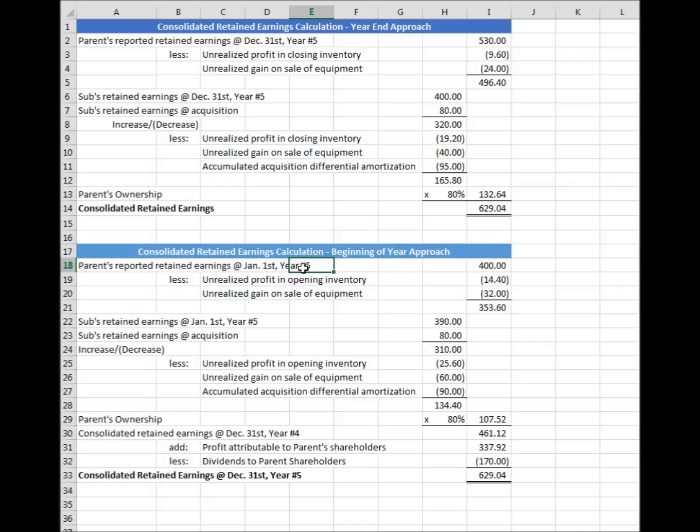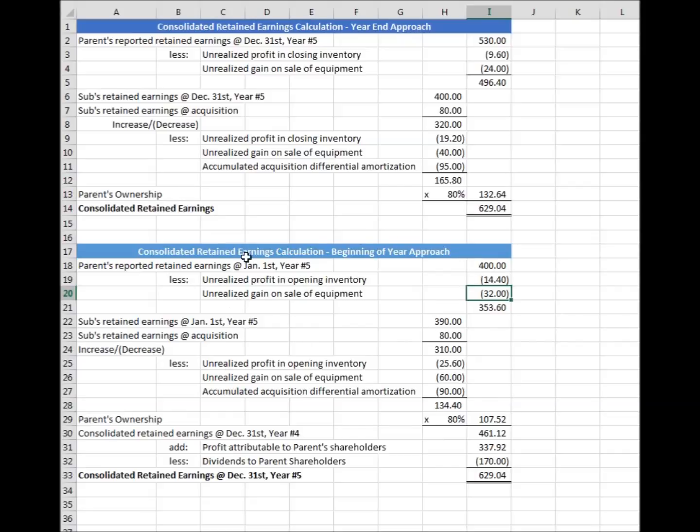So if this was December 31st, year 4, the opening inventory hasn't been more than a year, so it's not sold off yet. So we now treat this as though it were closing inventory right here. And we do the same thing with the sales of equipment. And as I said, you don't have to fill out the entire table.